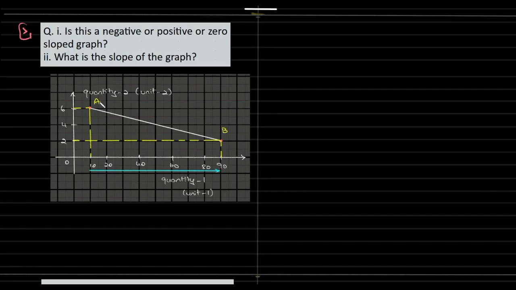That is, we should move from A to B. A is at 6 and B is at 2. Right? So please look at this. There is a decreasing value. So since there is a decreasing value, the graph is a negative sloped graph.